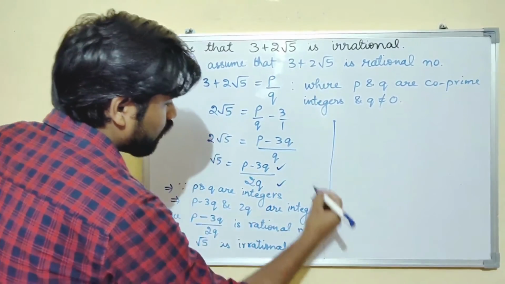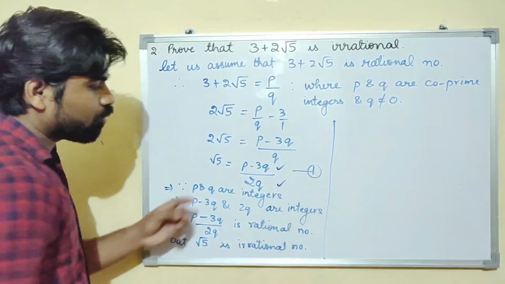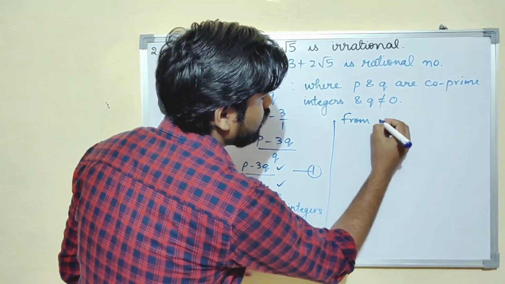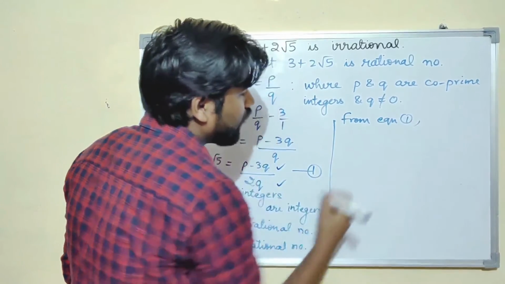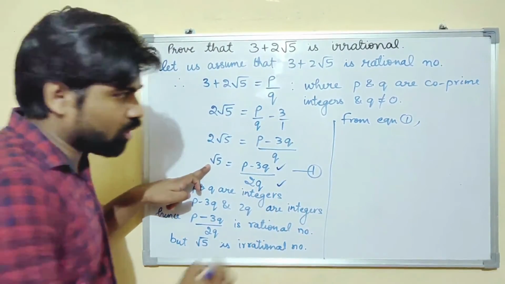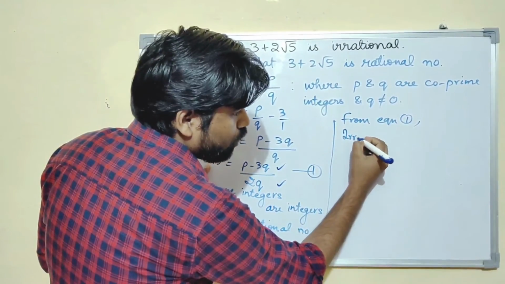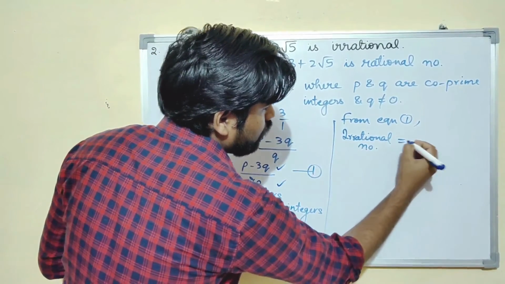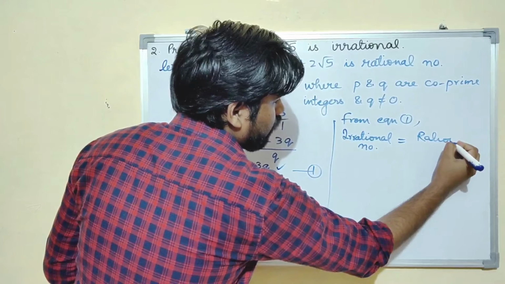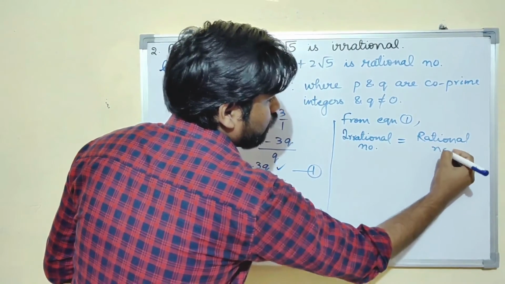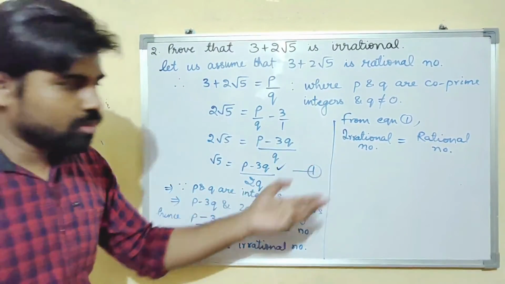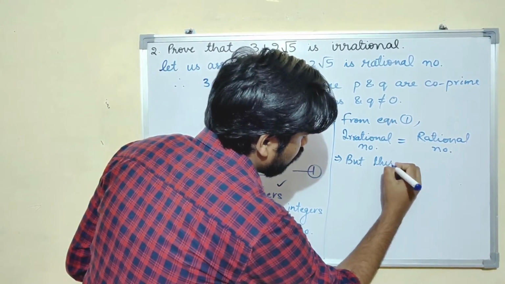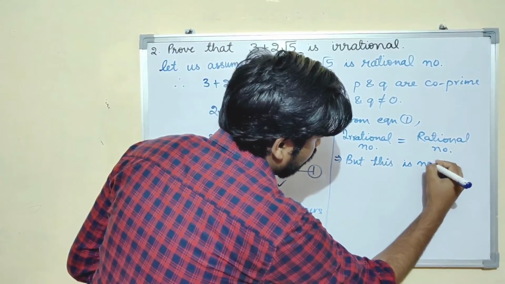Now let us assume this as the first equation. From the first equation we get that root 5, an irrational number, is equal to a rational number. But this is not possible.